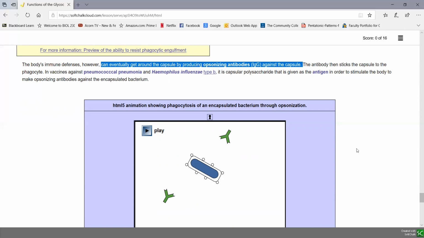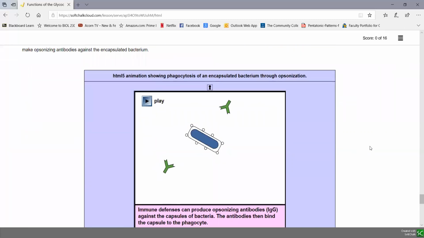So here we see opsonizing antibodies removing encapsulated bacteria. So the body recognizes epitopes of the bacterial capsule as foreign and eventually makes antibody molecules that fit those epitopes. The Fab, or antigen binding portion of the antibody, the tips of the antibody, bind to the epitopes of the capsule.